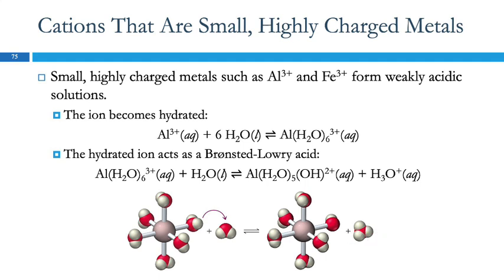So the Al3 plus itself isn't gaining or losing a proton, but its entourage, its groupies, are going to act as the acid. And they'll do that because of their relationship with aluminum. That's not too much of a stretch, is it? Because water does do that to a certain extent by itself.